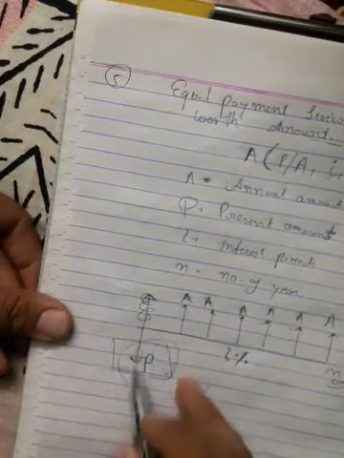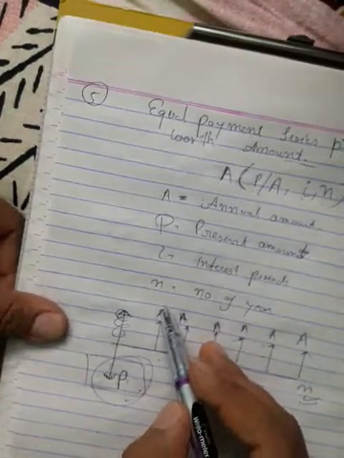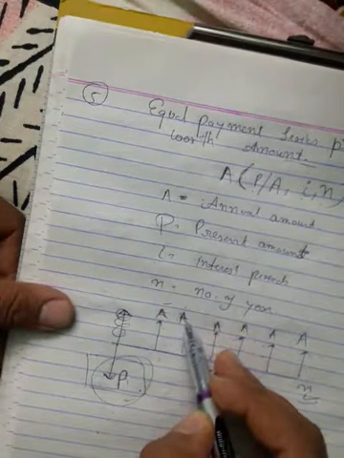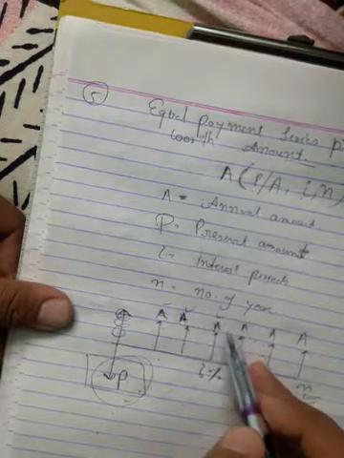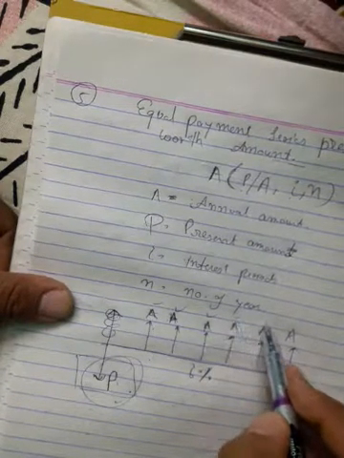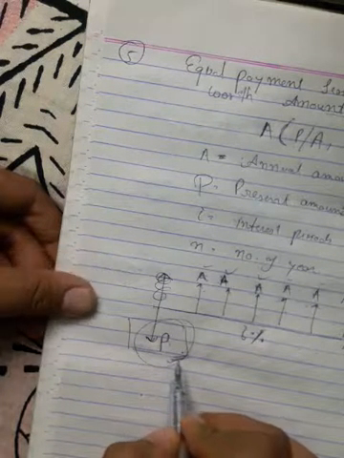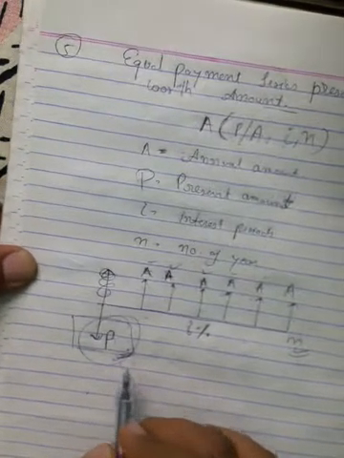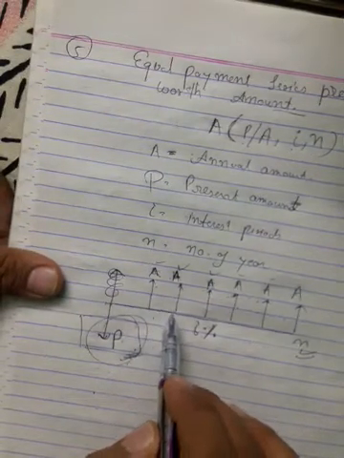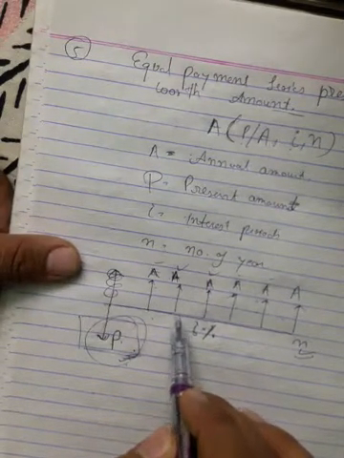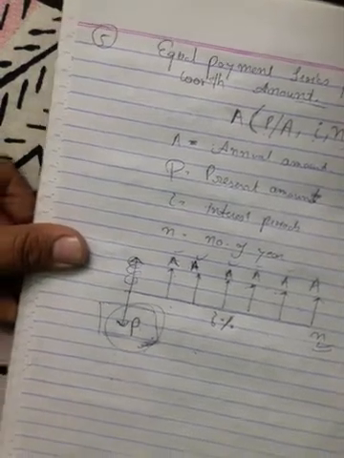To find that, we are going to find the present amount. We know the annual amount, but we do not know the present amount, what I should pay in the bank so that the bank gives it directly to that person yearly in the form of a scholarship.